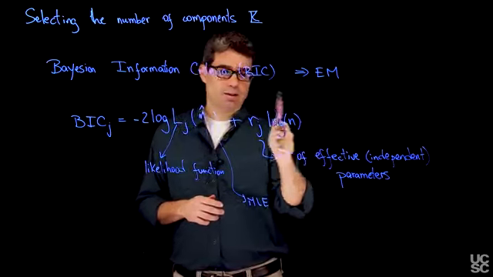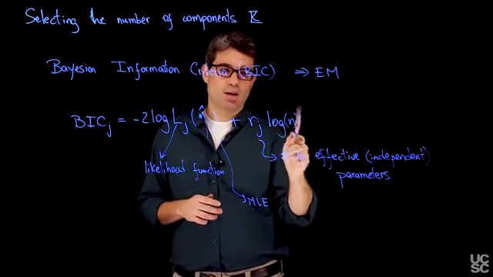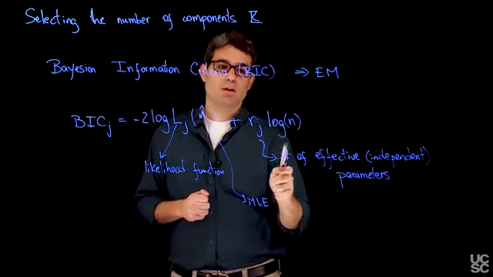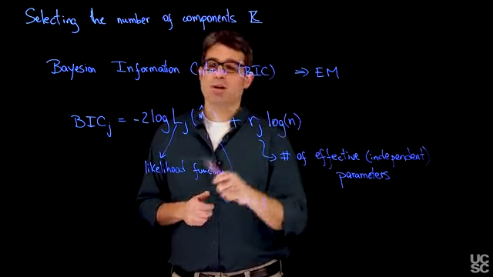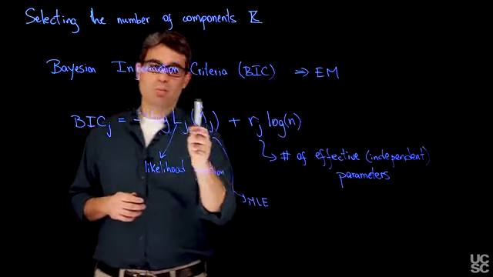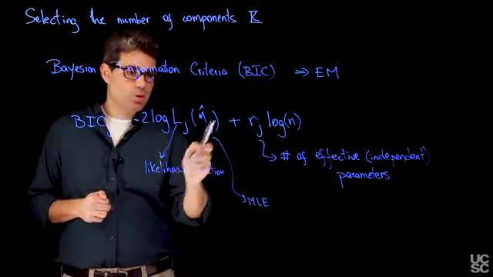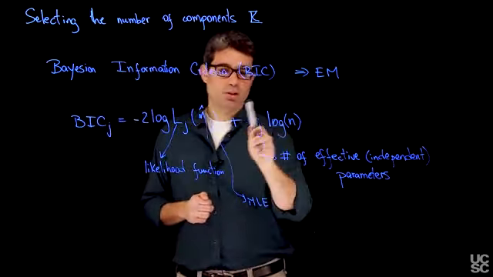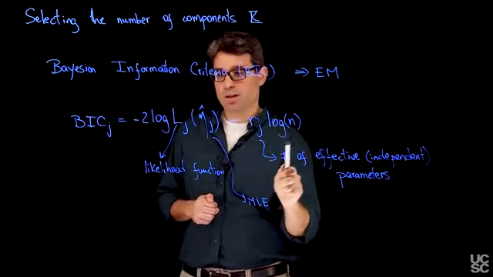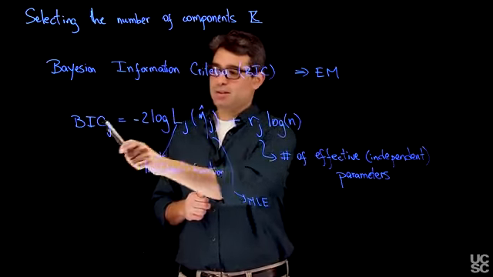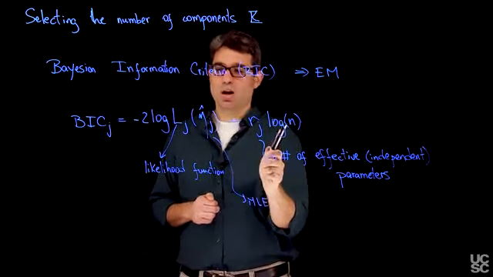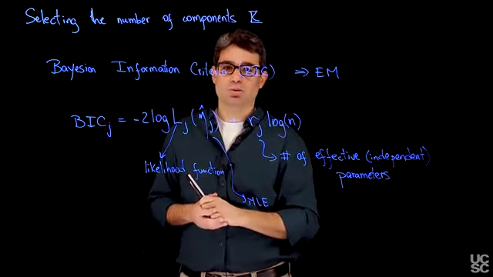And then the term on the right is a complexity term that just penalizes models that have high complexity. So if the model doesn't fit very well, then this number will be large. If the model has a lot of parameters, this number will be large. And so this expression just trades off complexity and goodness of fit.